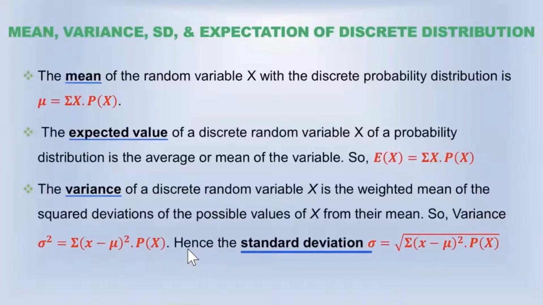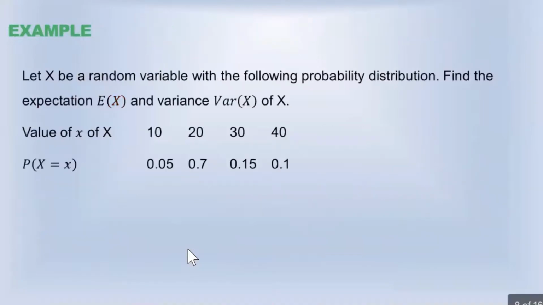Now, let's take examples. Here is our first example. We have the random variable x, and the probabilities are already given to you. This is the probability distribution of a discrete variable. We have to find the expected value, that is the mean, and the variance. Let's recall, what was the formula for the mean or expected value?